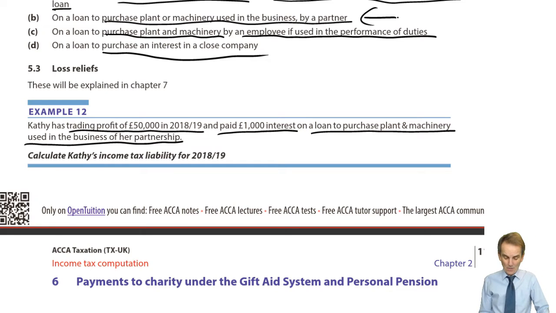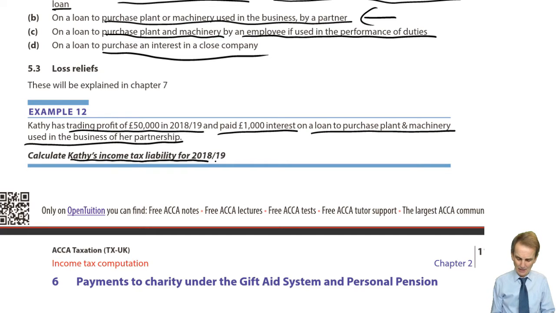So there's only one source of income. There is just that one interest payment. You've got to calculate Kathy's income tax liability. Again, very simple. One source of non-savings income. There is no other income. So the non-savings trading profit income is your total income.